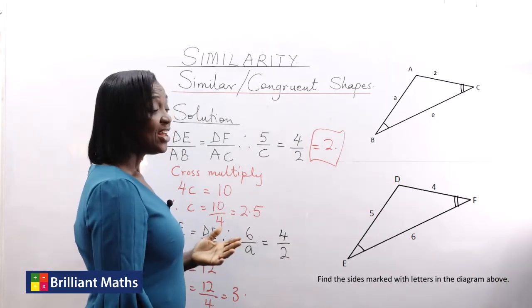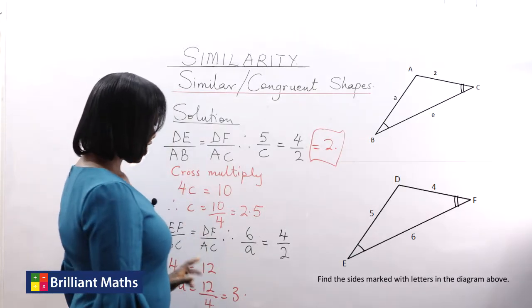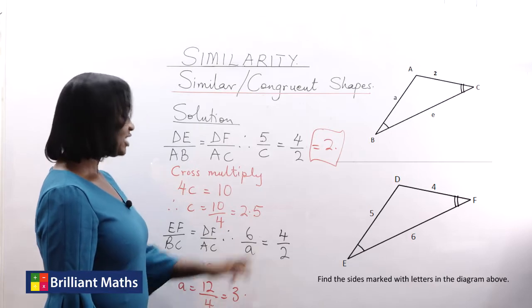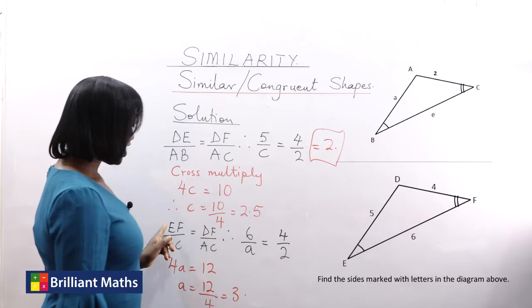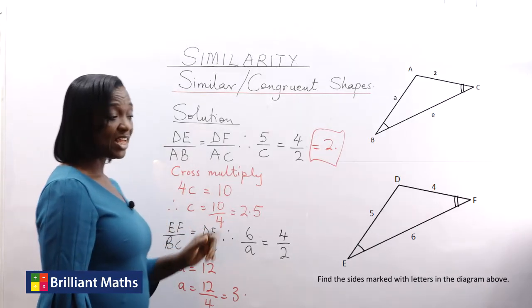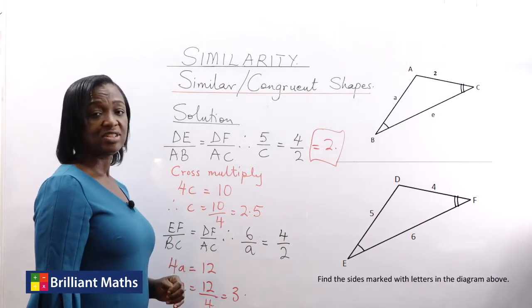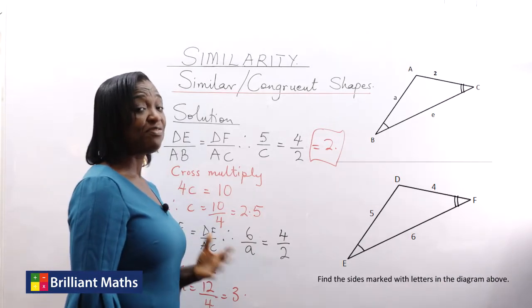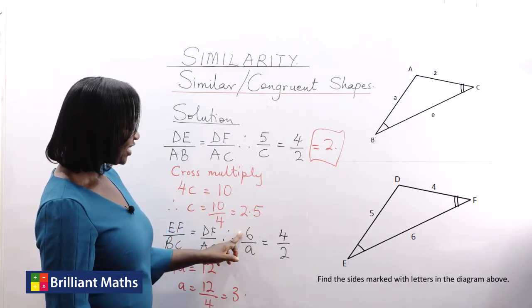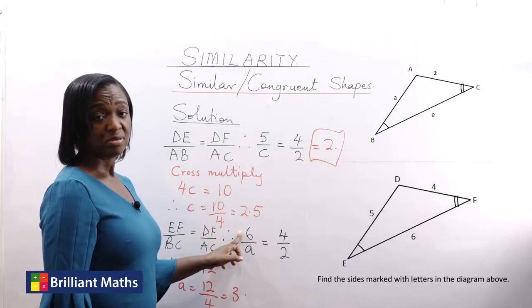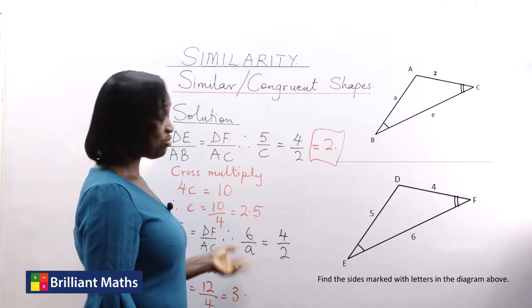So to find the second length, which is the length of A, we know that DF over AC is 4 over 2. That is the complete ratio that we have. And then EF is 6 centimeters over BC. We don't know the length of BC. But since we know that the scale factor is equal to 2, we can simply divide 6 by 2 to get the length of A. So 6 divided by 2 is 3.